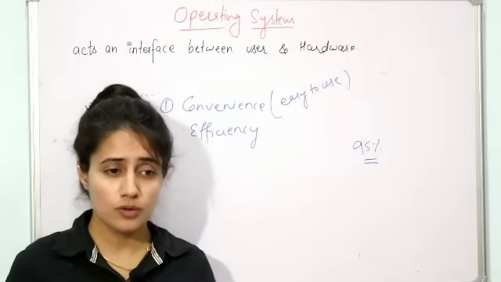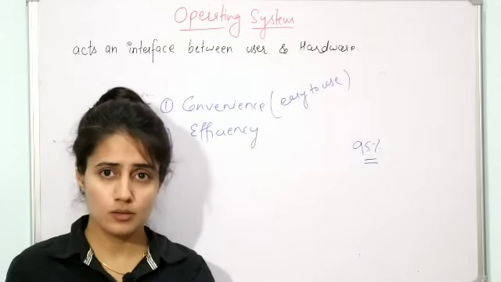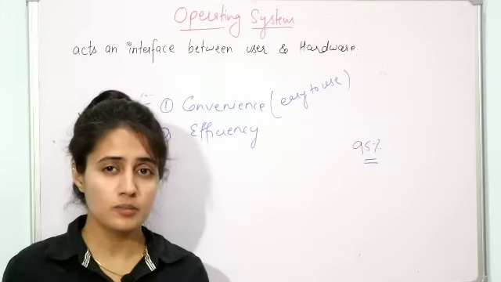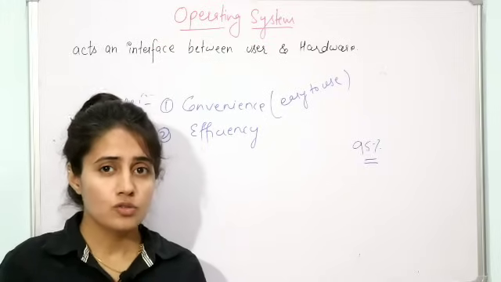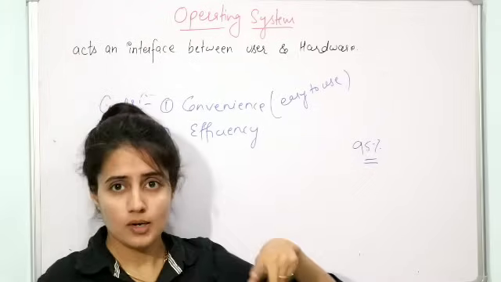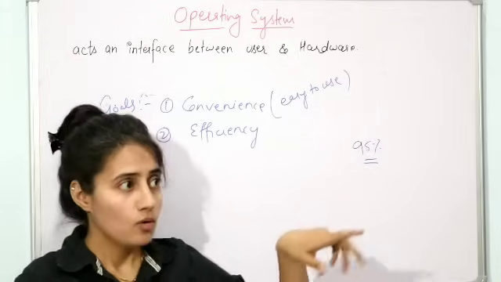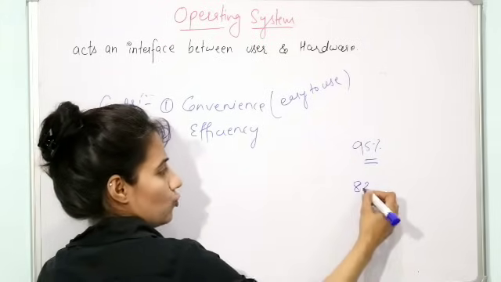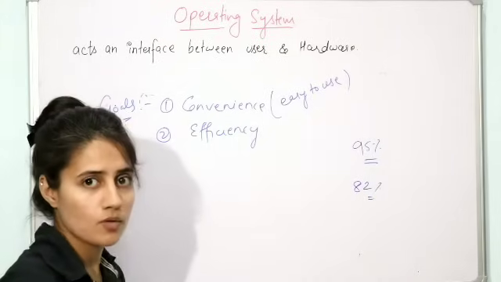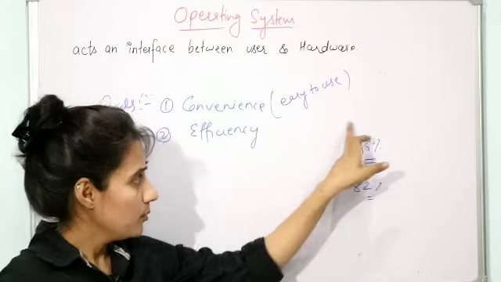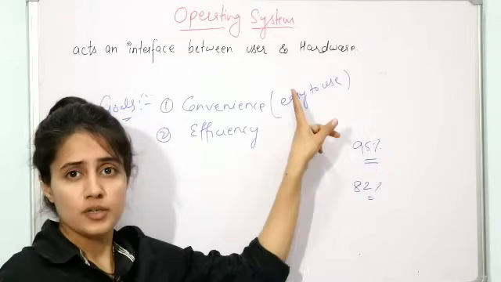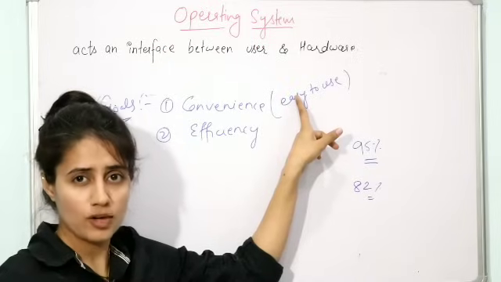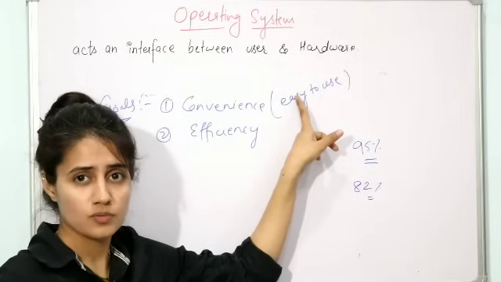And nowadays also, if you look in your friend circle, you find that the majority have installed Windows on their laptops. Although now the market share of Windows is around 82%, and it was 95%, it's all because of convenience.